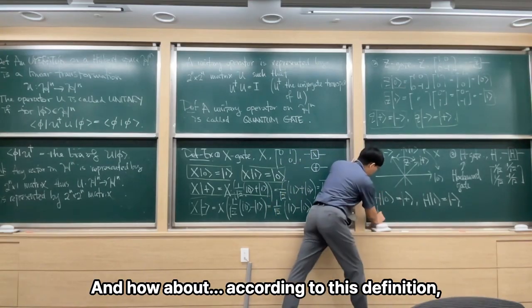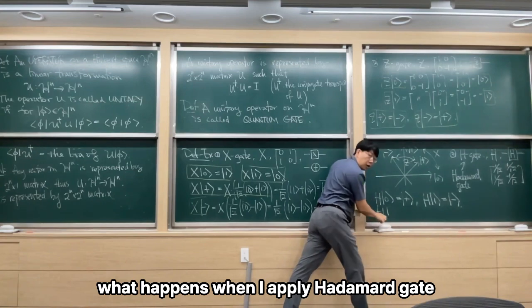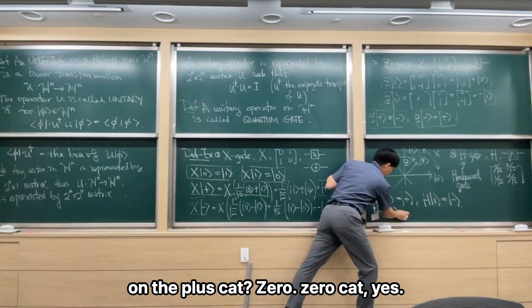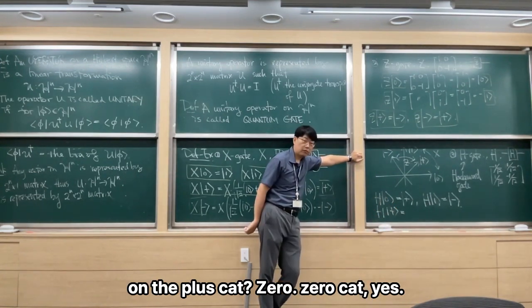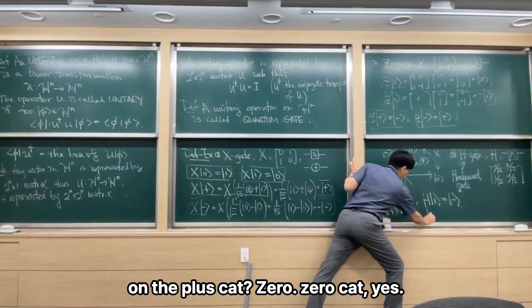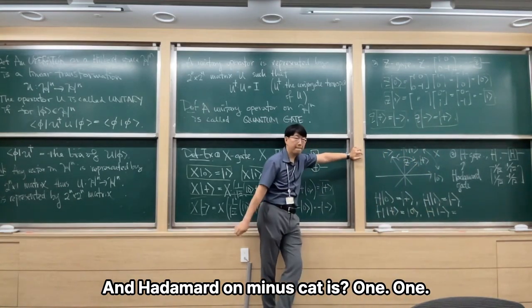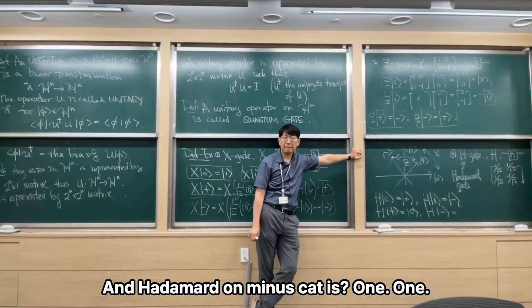According to this definition, what happens when I apply the Hadamard gate on the plus ket? Zero ket, yes. And Hadamard on minus ket is 1.